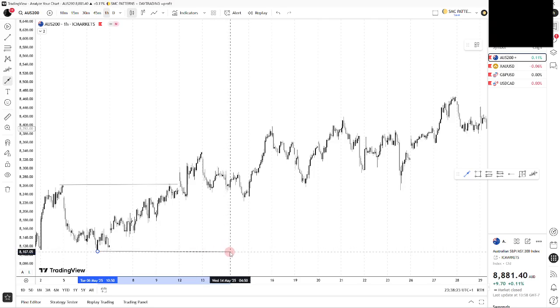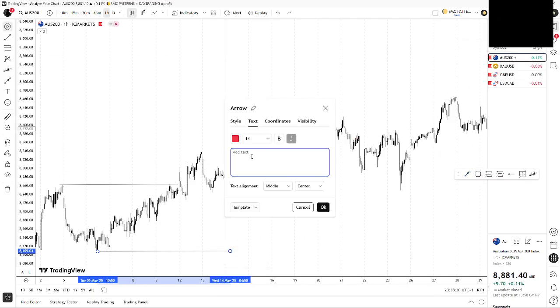What do I say in major structure? You say in major structure that the market should not break it.